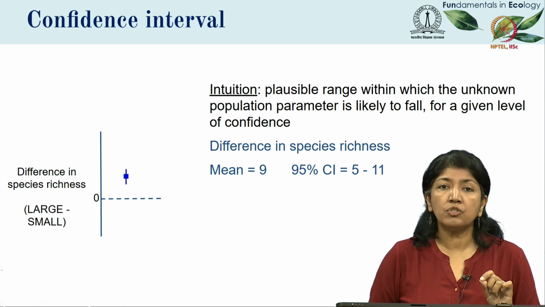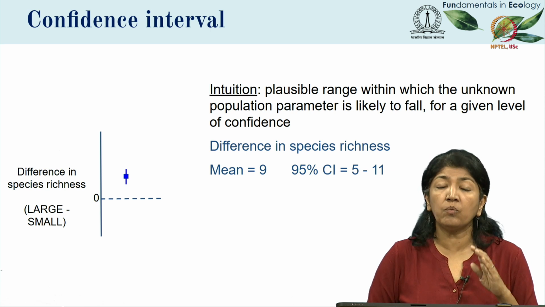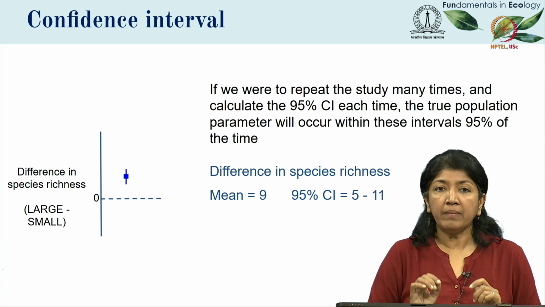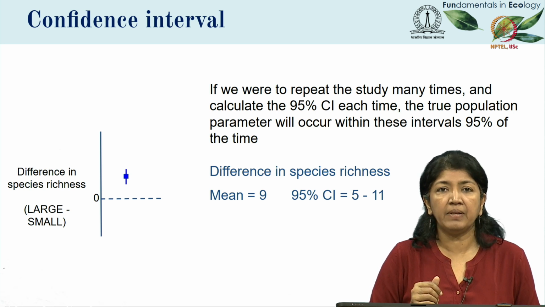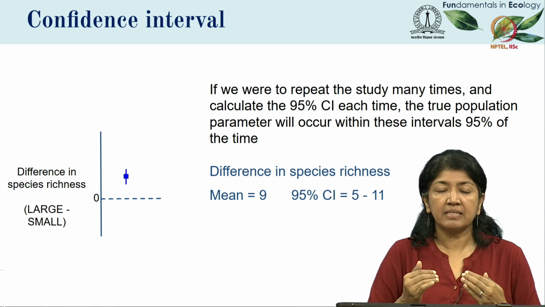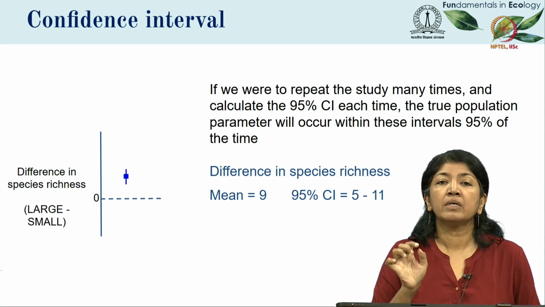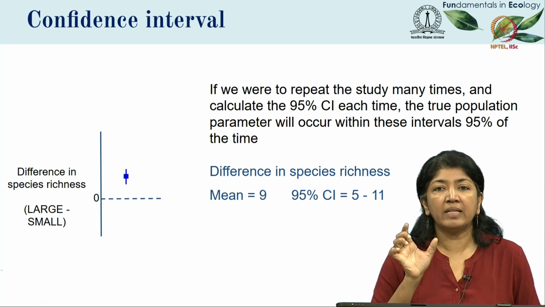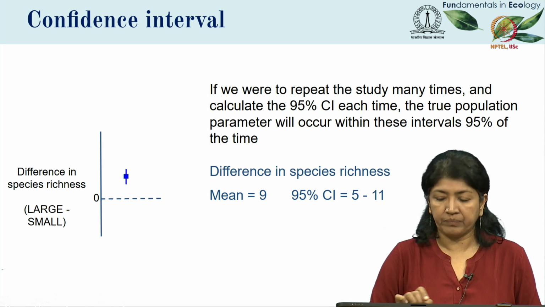However, it is useful to know specifically how it is calculated and technically what it means. So, technically what it means, if we are to take the 95% confidence interval for example, if we were to repeat the study many times and each time calculate the 95% confidence interval, the true population parameter will occur within these intervals 95% of the time.